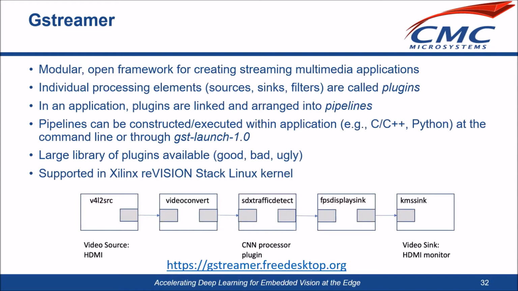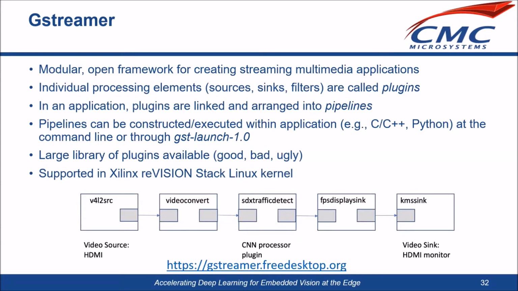Pipelines can be constructed and launched via application code or from a command line utility called gst-launch, which is what we used in our demo. The figure in this slide represents the pipeline we used in our demo. Our video source is HDMI input. The source video is sent to a video conversion plugin to convert from YUY2 format to BGR format video.